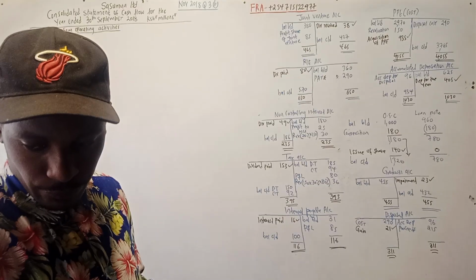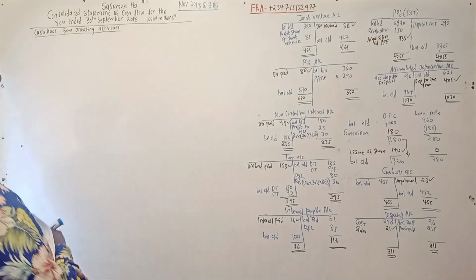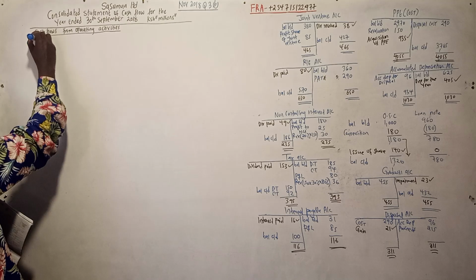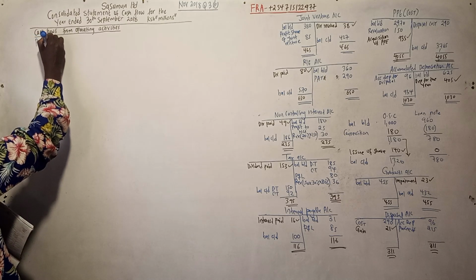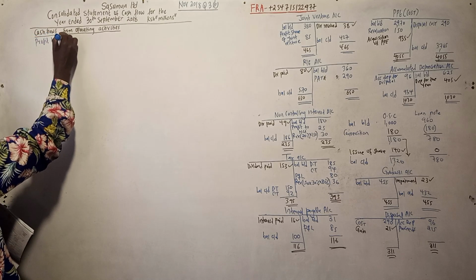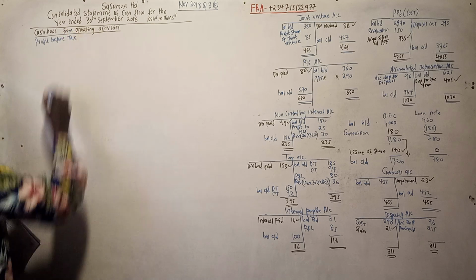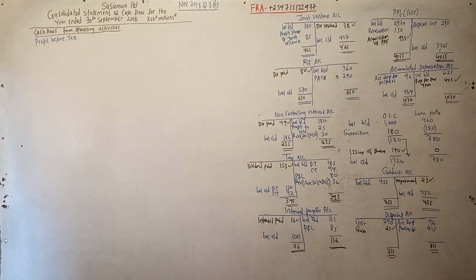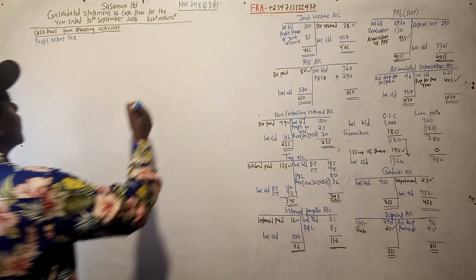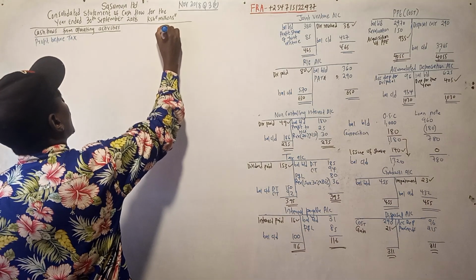We start with the profit before tax. So we go to our income statement, then we check for the profit before tax, which is 395. The number is in million.